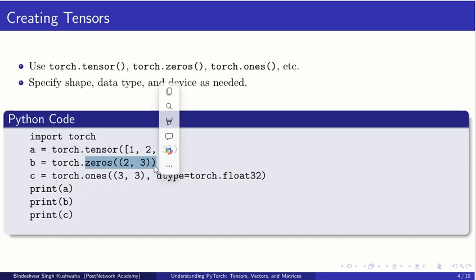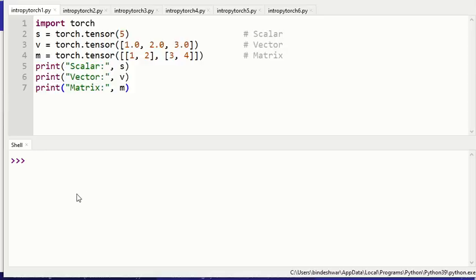So that tensor you can create using zeros. torch.ones, so you might be getting my point, gives a 3 cross 3 matrix with all elements being 1. We are printing it, so let us run the program and understand.